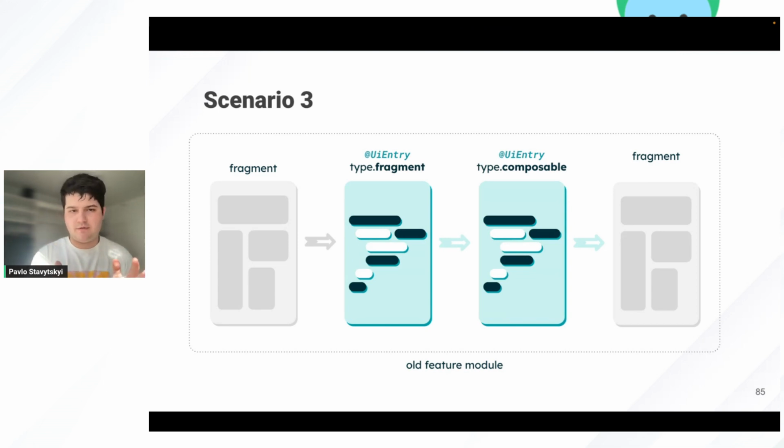You need to make it implementation type fragment, so that you can navigate to it from an existing fragment to compose. Subsequent screens in this flow should have implementation type composable. But anytime you can navigate from composable to fragment easily, as we discussed before.